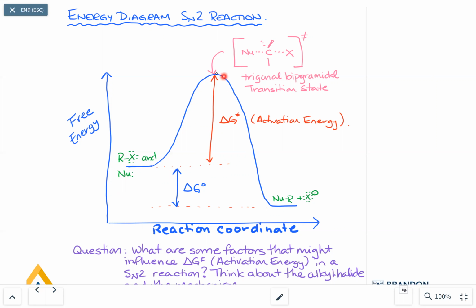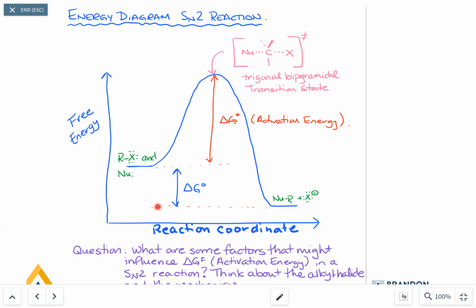The key point is that this transition state is neither early nor late because it doesn't resemble either. It's this trigonal bipyramidal structure. The nucleophile bond is forming, the carbon leaving group bond is breaking, and around the equator, these three groups will be trigonal planar. So this transition state isn't early or late, it's right in the middle.